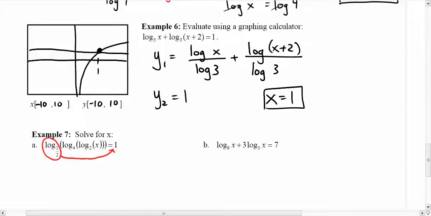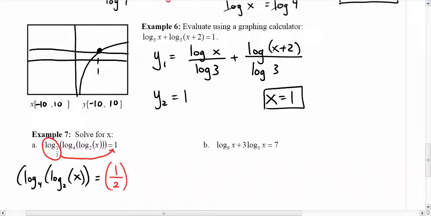Okay, if you have a log on one side, on the other side you have an exponent. The base of the log becomes the base of the exponent. What happens to the 1? So on the left side, we're left with log base 4, log base 2, and x.